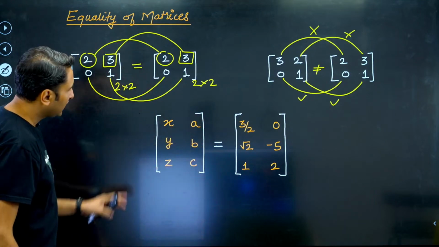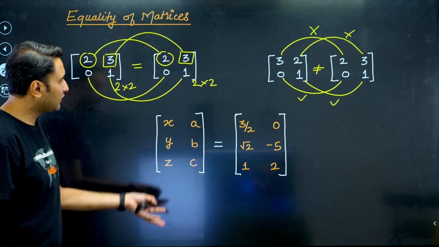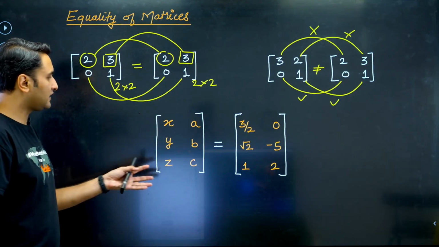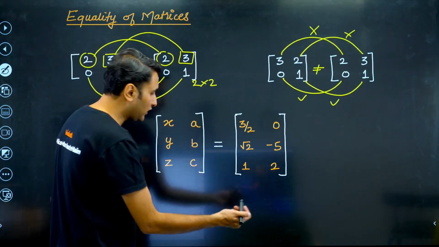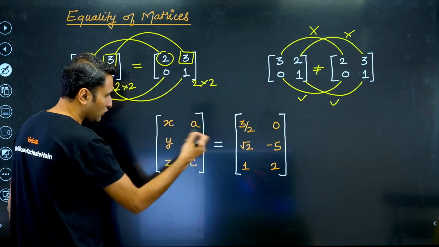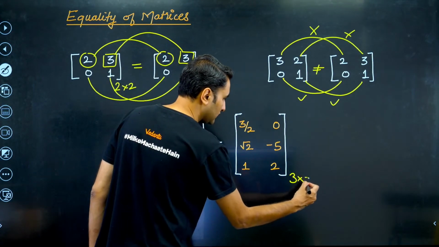For example, if this is a matrix equation, can you tell me the values of x, a, y, b, z, c? If these two matrices are equal, their orders are same, 3 rows 2 columns, 3 rows 2 columns, 3 by 2, 3 by 2, yes.